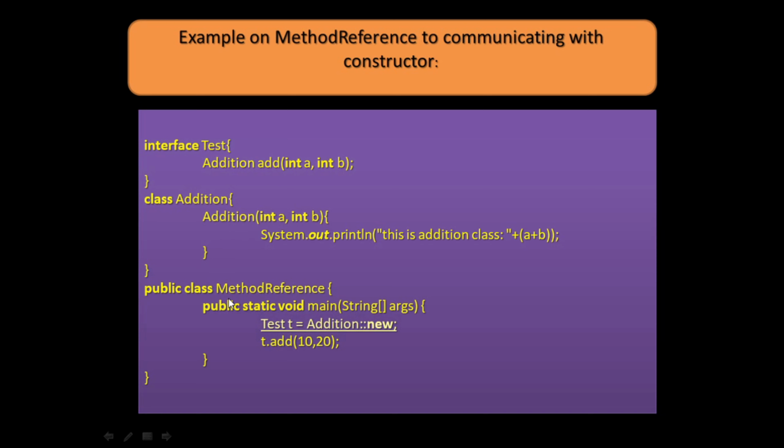Then inside the main class we define Test t equal to Addition double colon new. It means that t is a reference data type of the Test interface. Addition is a class name. Then double colon is the method reference. The new keyword denotes the constructor. It is a very good example.